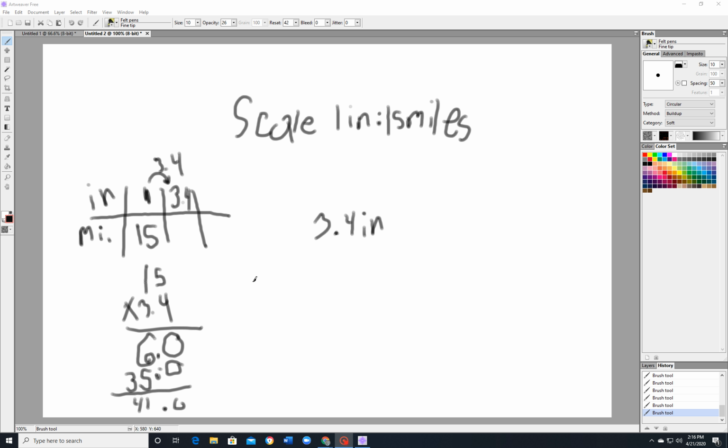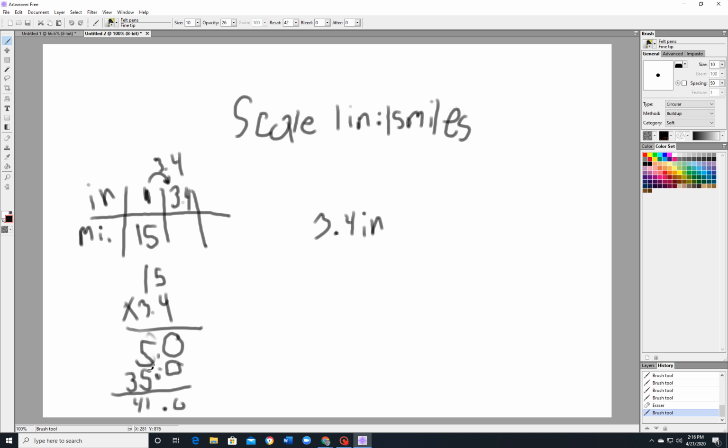Okay, so I went ahead and paused the video and did the work out. So here we have our 15 times 3.4. So 5 times 4 equals 20. So you put down the 0 and carry the 2. Then it's 4 times 1, 4 plus 1 would actually equal 5. So that is on me. So I'm redoing this, and this equals 5.